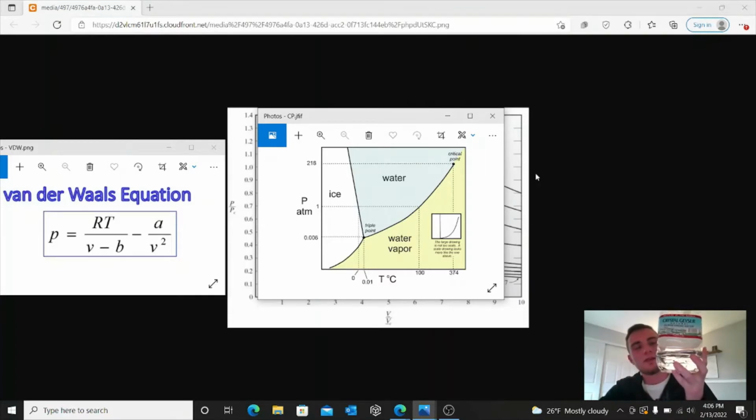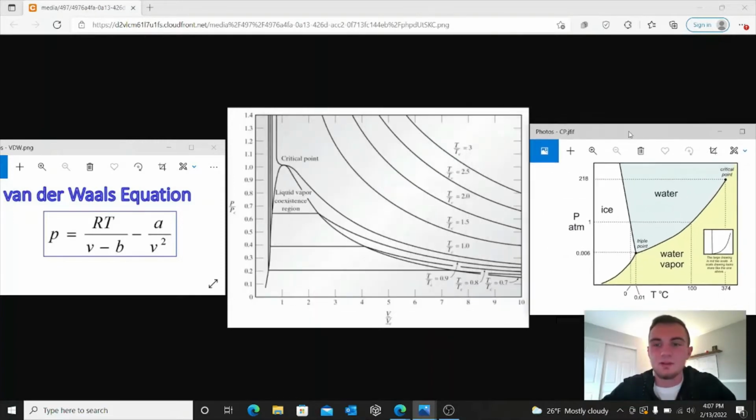But if we got this sample of water to reach its critical point, essentially what it would look like physically is a completely cloudy substance. You would no longer be able to see this meniscus that separates the liquid phase and the vapor phase in this bottle. So that's the difference between what you would see physically for a critical point sample and scientifically the definition for the critical point.